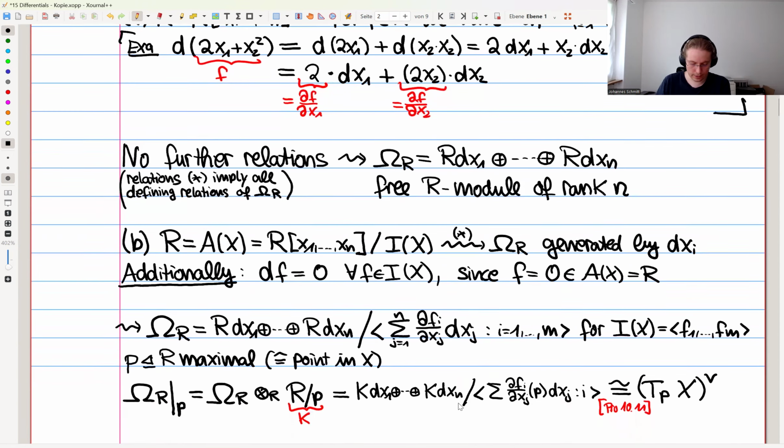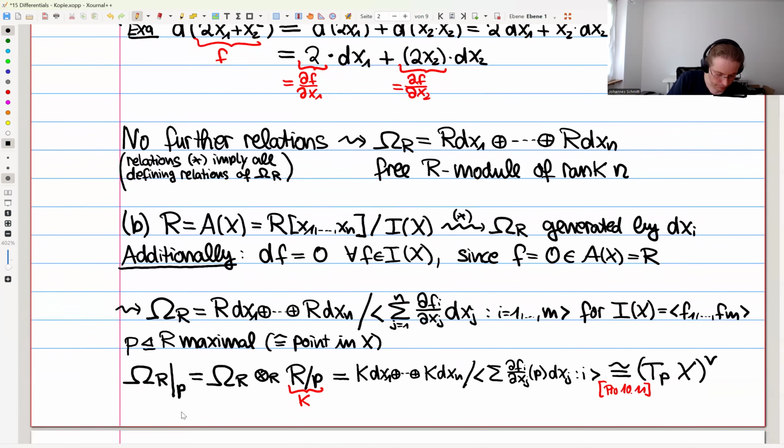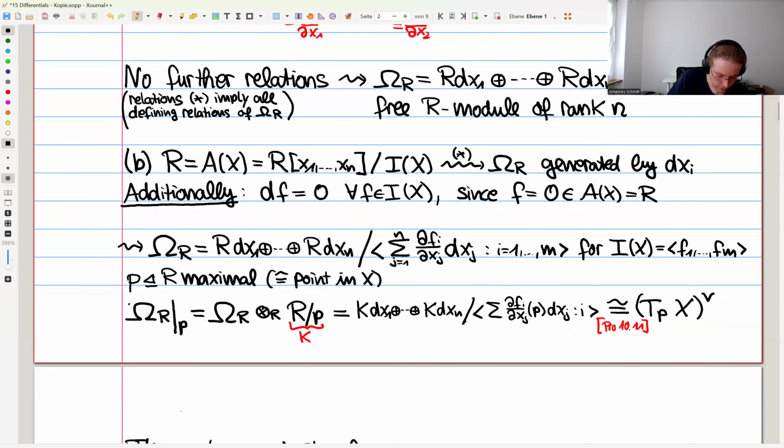And this has the nice property that now we can relate it back to this concept of cotangent space that we have already seen. Namely, let's say we have P, a maximal ideal in R. This should correspond to a point in the affine variety X. Then we have seen that we can take this sheaf, I guess here, maybe this should be a tilde over here.